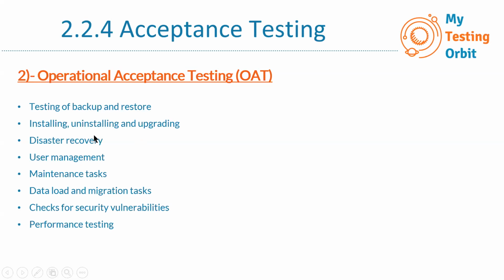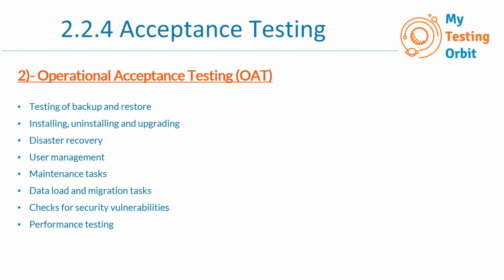Then there can be, as part of the system test, operational acceptance testing, maybe some installation of the software or uninstallation or upgrading may be required. Let's take an example of a mobile app.